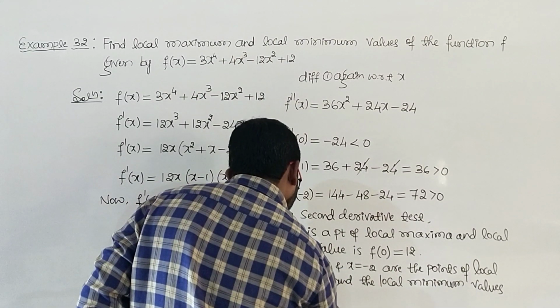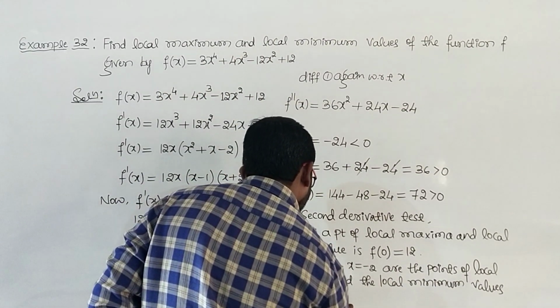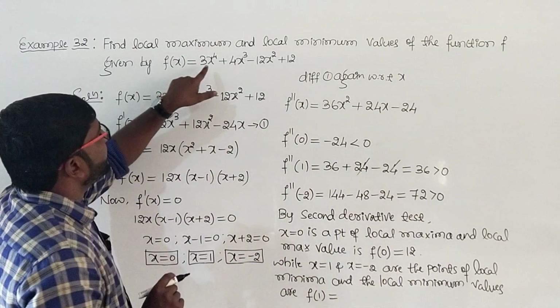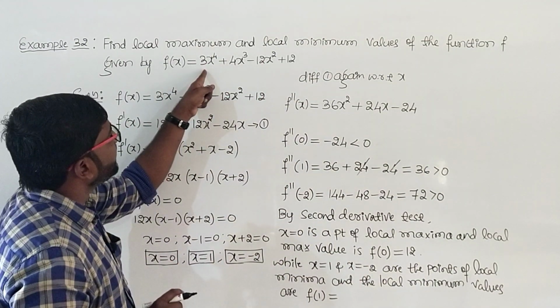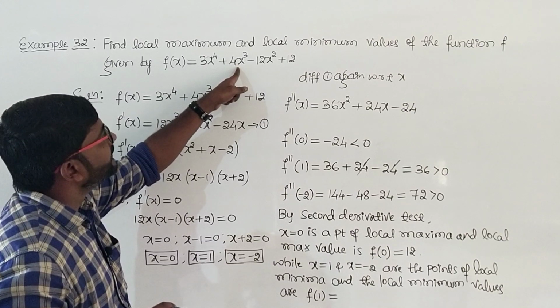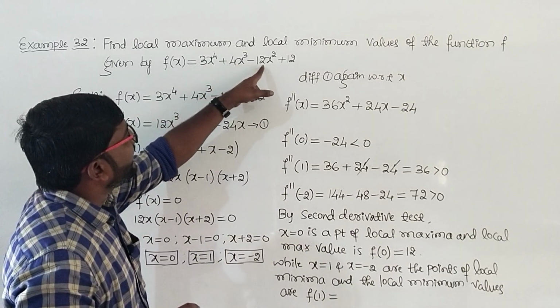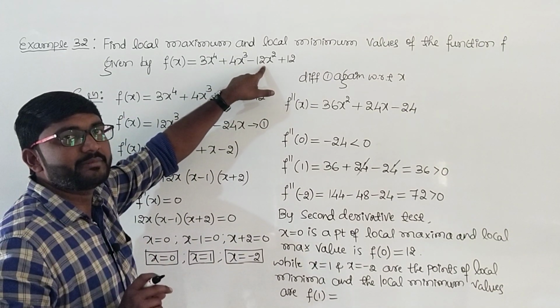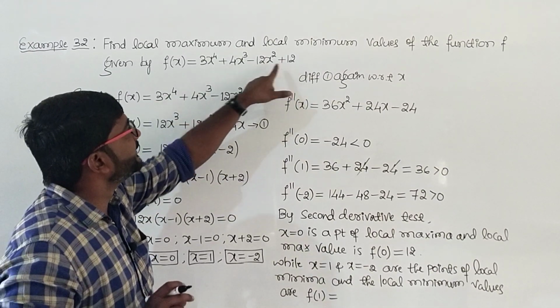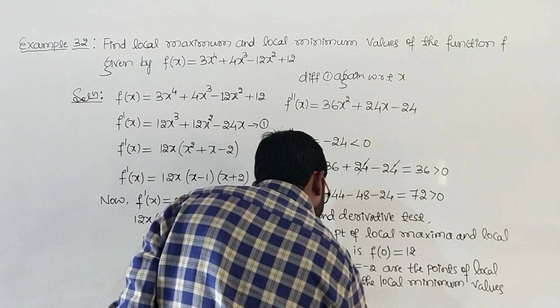The value is f of 1, which is equal to, replace x by 1 now, you get 3 plus 4, it is 7, minus 12. 7 minus 12 is minus 5, so 12 minus 5 is 7. F of 1 equals 7.